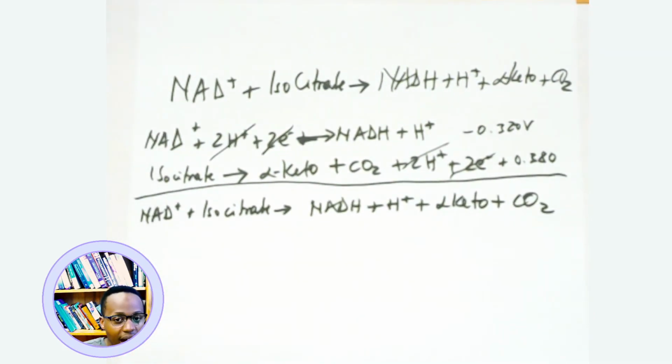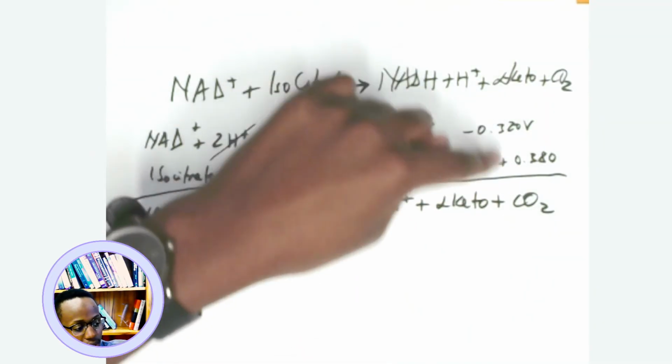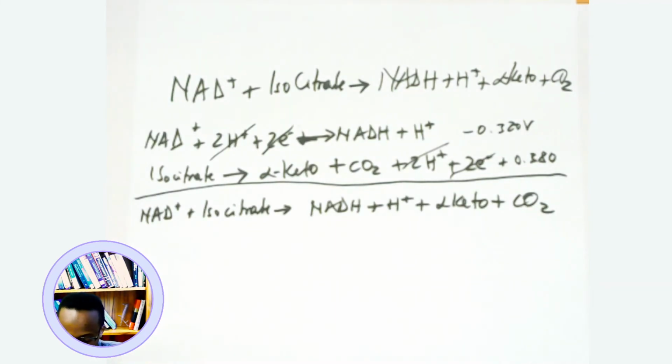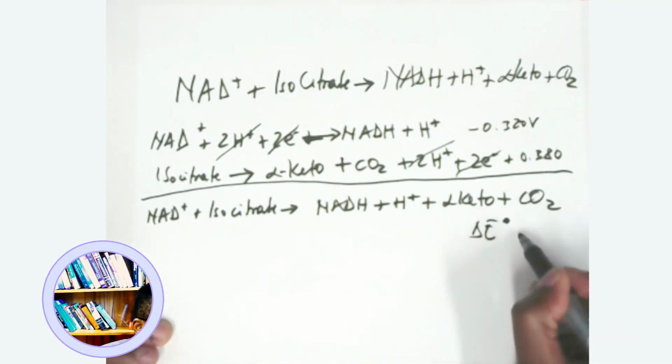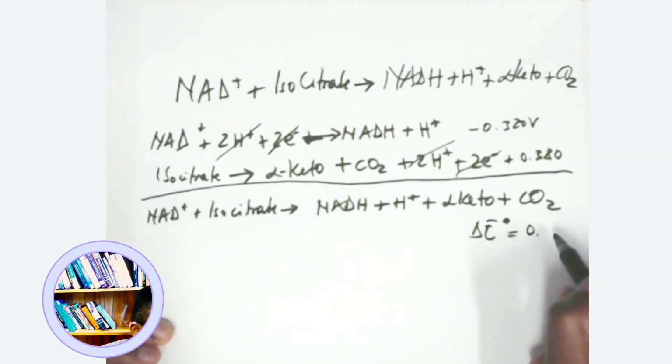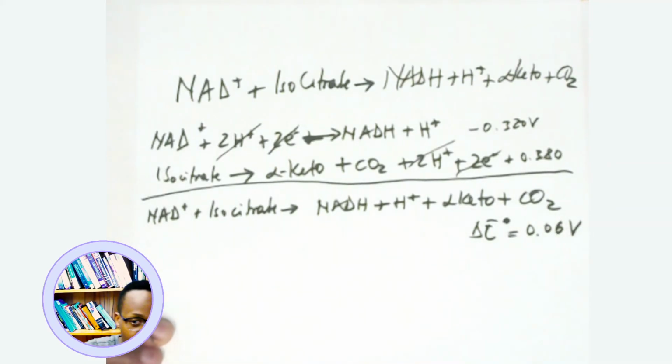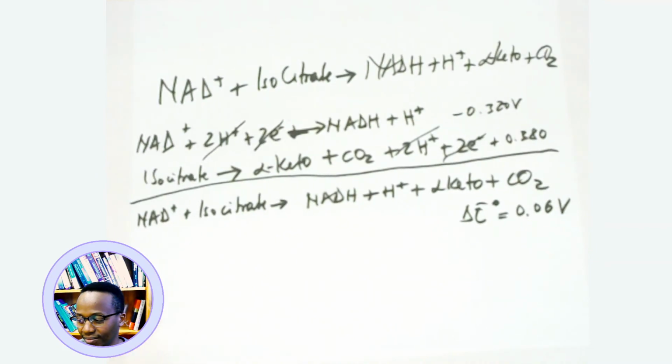Beautiful. Now, what's the voltage for this reaction? Well, you add these two together. So the voltage here, delta E naught, is 0.06 volts. That's it.